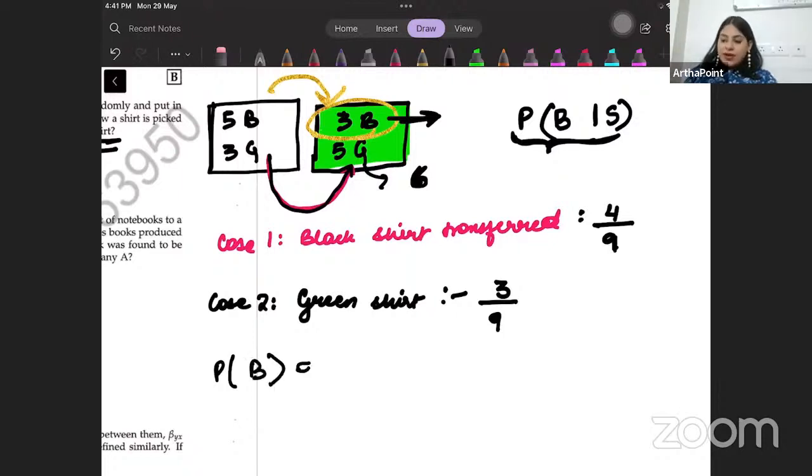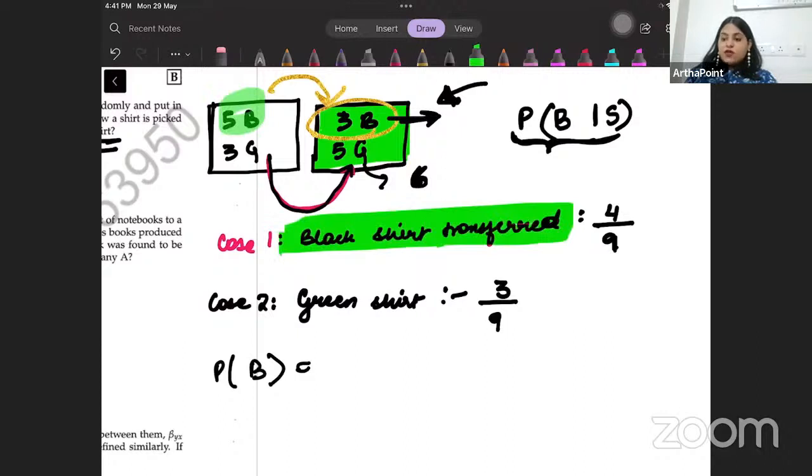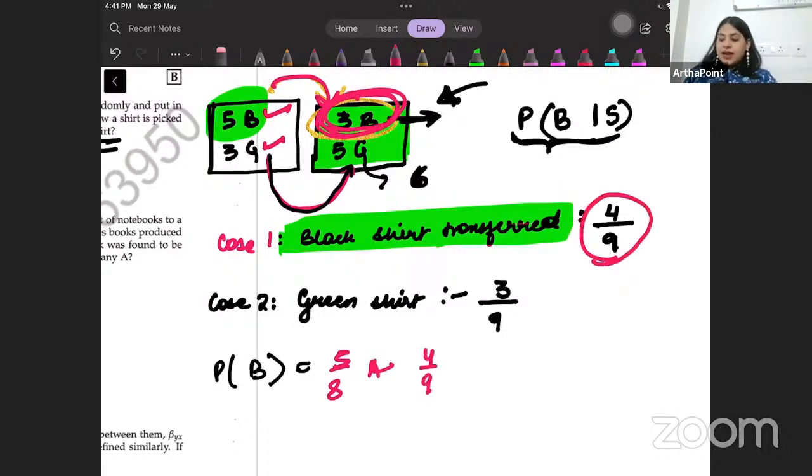Black shirt can be picked from this second one. When I transfer a black shirt, transferring a black shirt means transferring any of these 5 shirts. So 5 divided by 8. And if I would have transferred a black shirt, then choosing a black shirt probability would have been 4 by 9. Plus, I could have transferred a green shirt. So its probability would have been 3 out of 8.